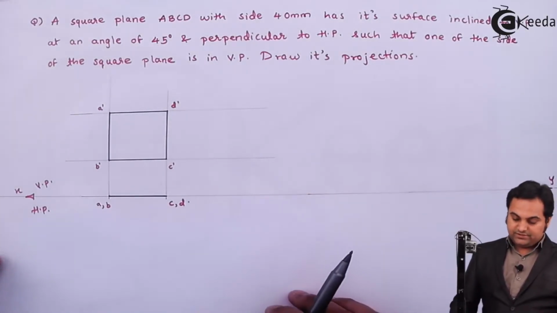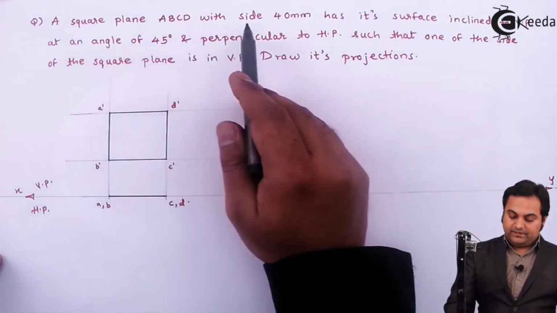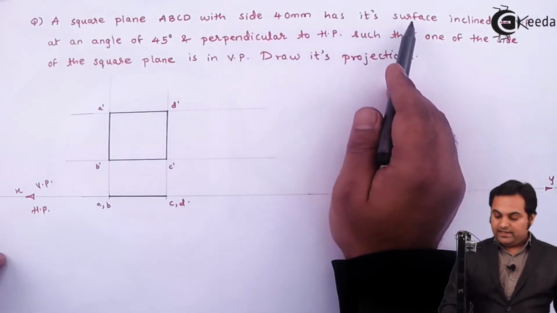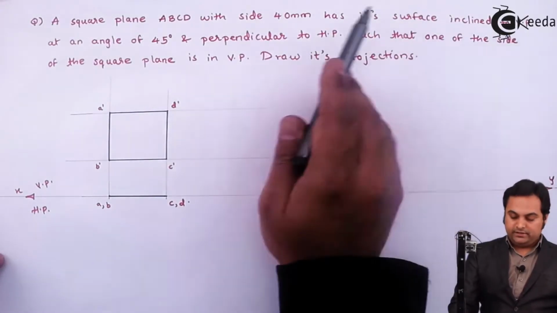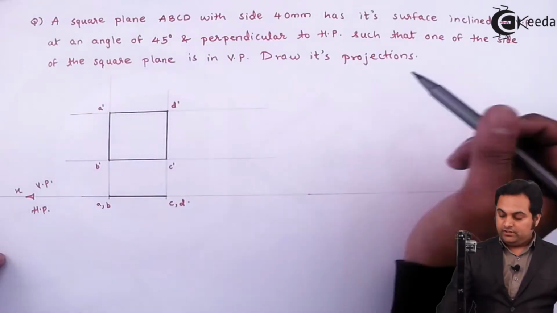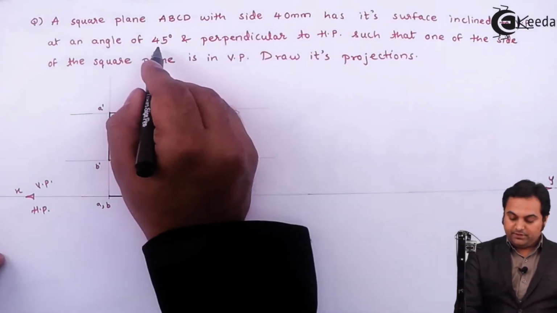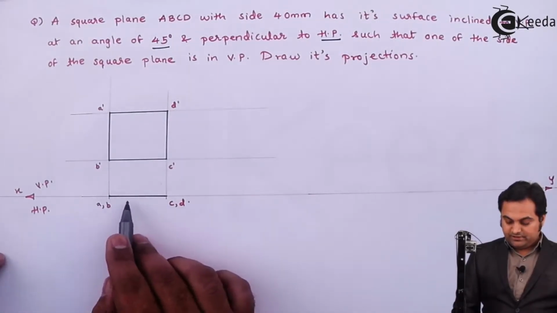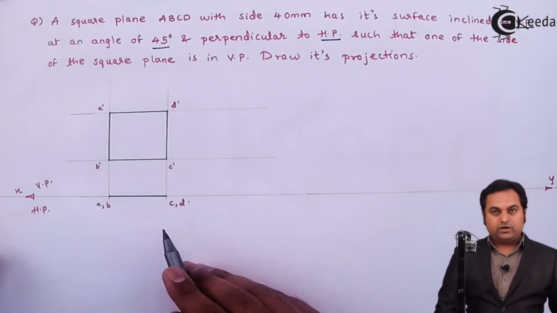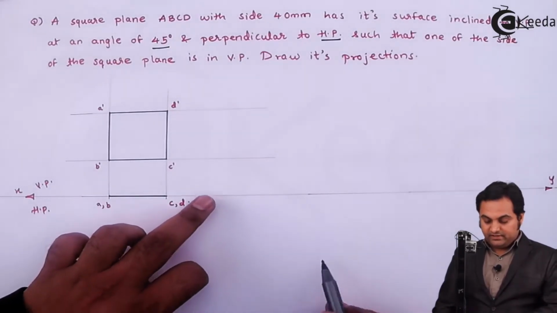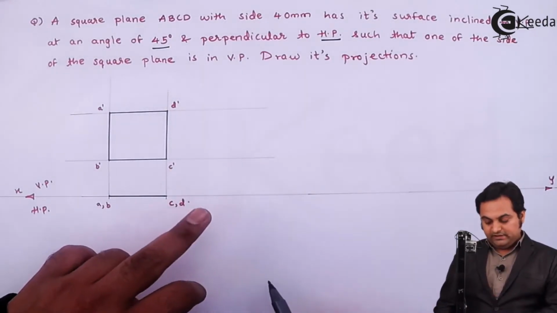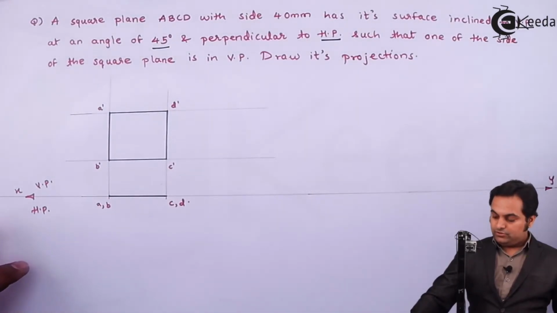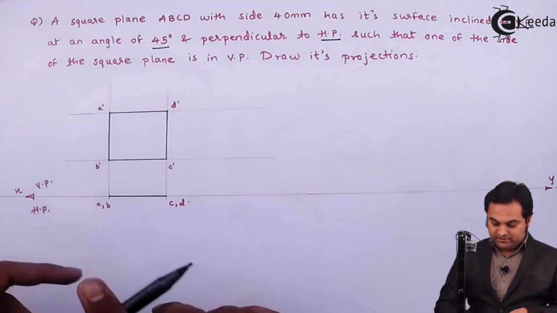The next condition is square plane ABCD with side 40 mm has its surface inclined to VP at an angle of 45 degree. Now inclination with VP will be seen in HP because here the plane is appearing as a line. So next thing what I would do is make this line inclined at 45 degree. Automatically the plane becomes inclined. So inclination with VP will be seen in HP.